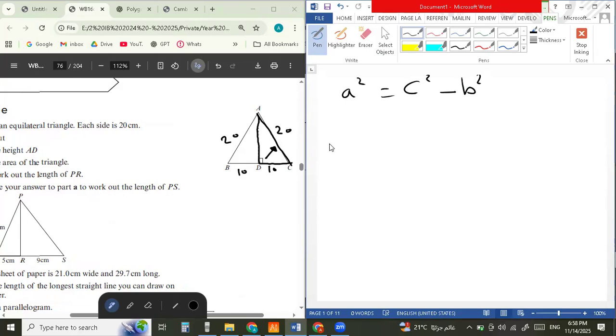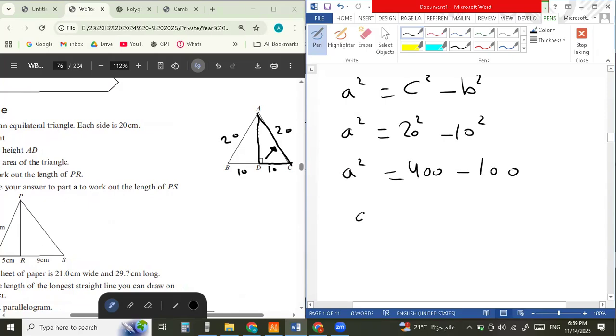A squared equals 20 squared minus 10 squared, which is 400 minus 100, so A squared equals 300. So A equals root of 300. This is AD.